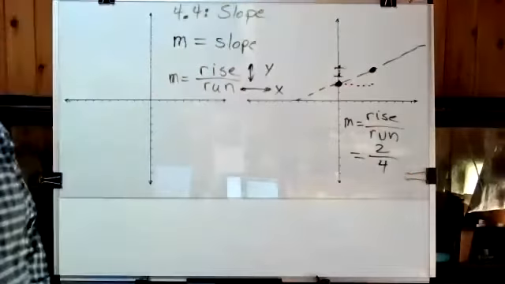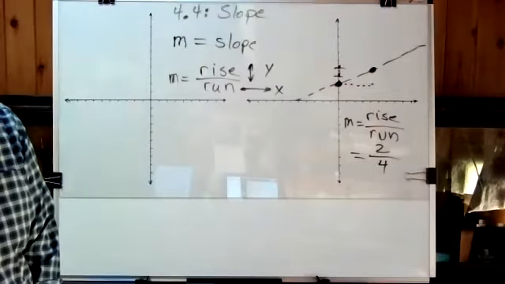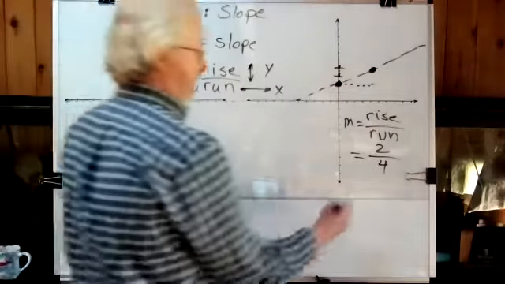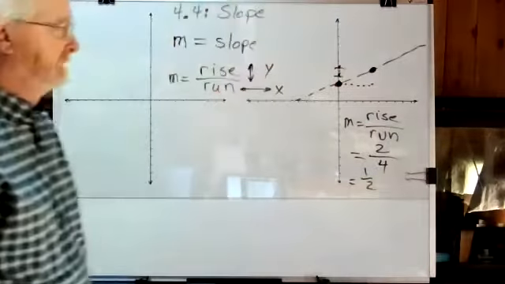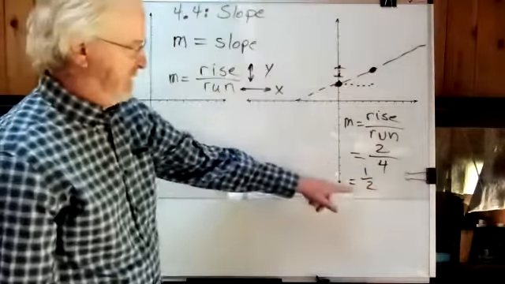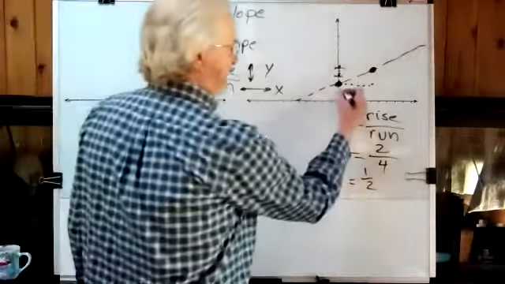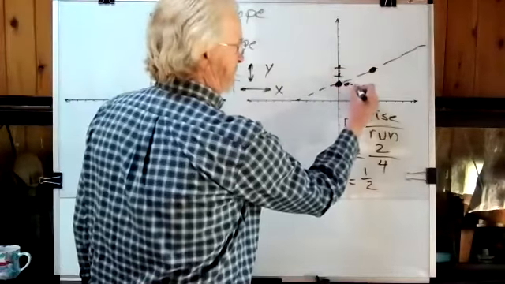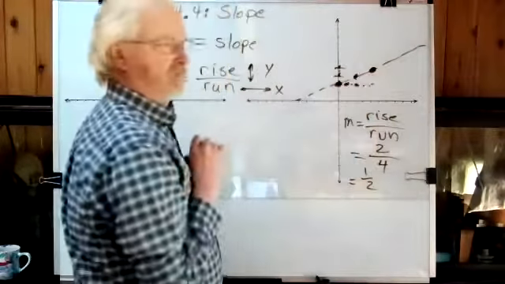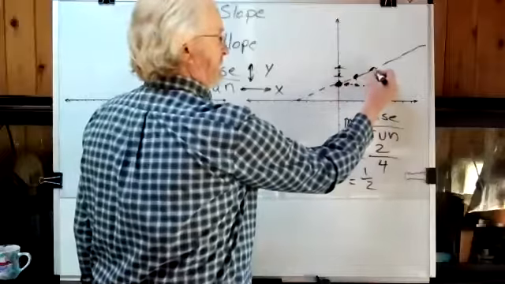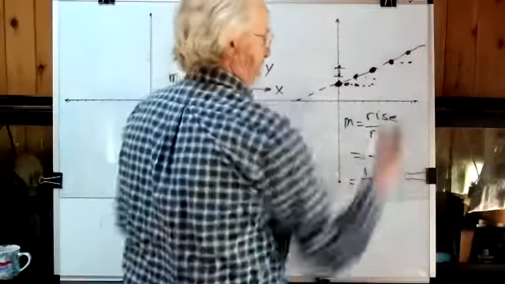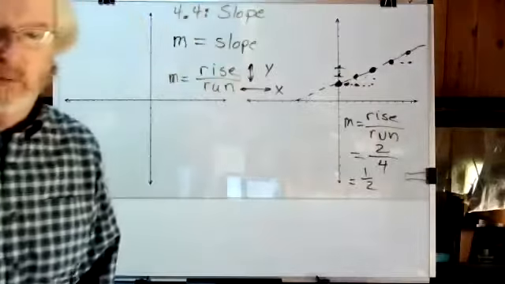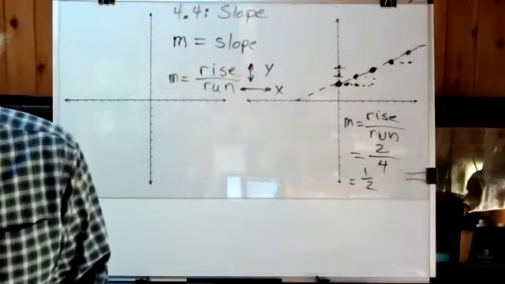I changed 4 units. There's my slope value, and I would simplify that fraction to 1/2. This tells me for every 2 units I go in this direction, I go up 1 unit. That's the slope of that line.